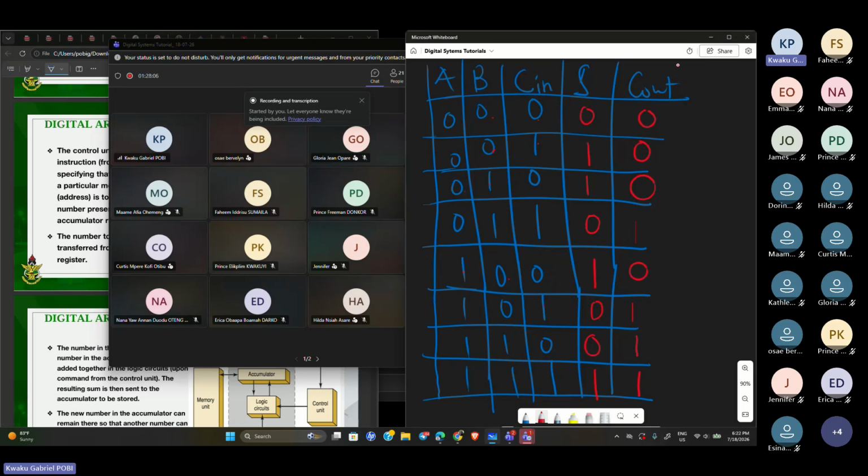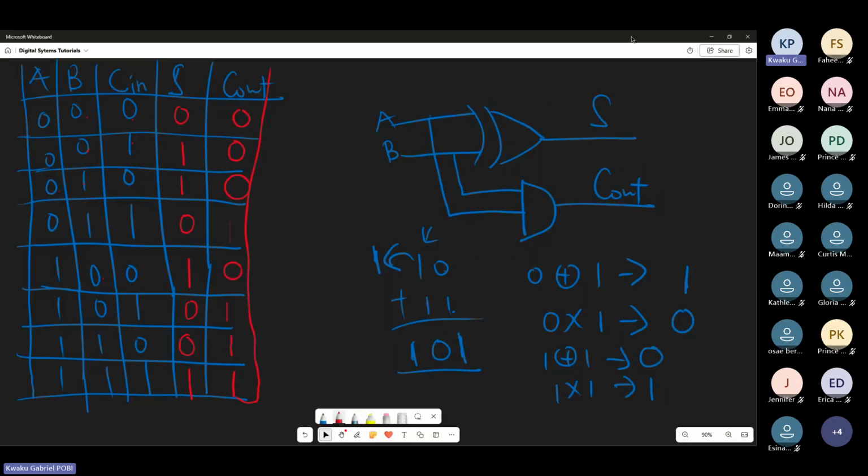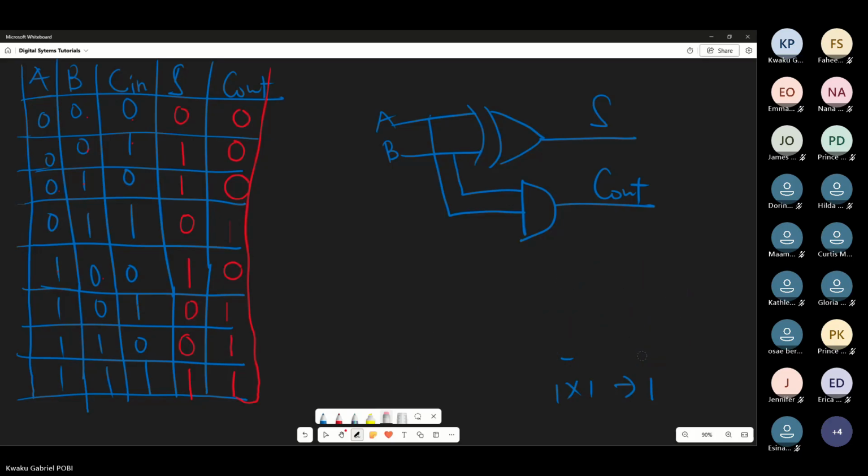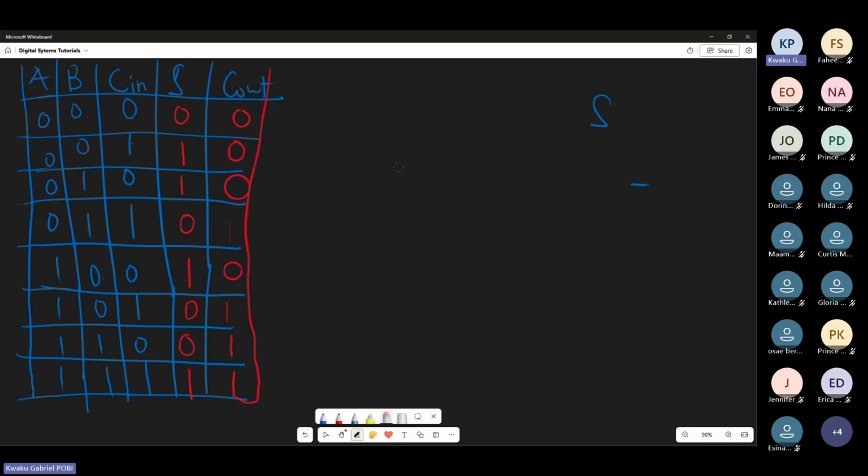So this is how your table will be looking like. With this table, we are still supposed to derive the sum and then the carry out in this case. Here, we can use a K-map, or we can write the terms one by one if you want.